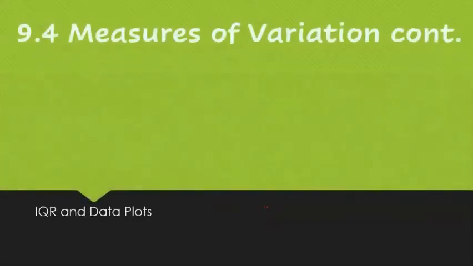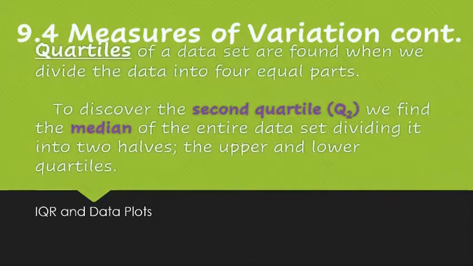We further look at measures of variation by identifying key pieces of vocabulary. The quartiles of a data set are found when we divide the data into 4 equal parts, hence the name quartiles.